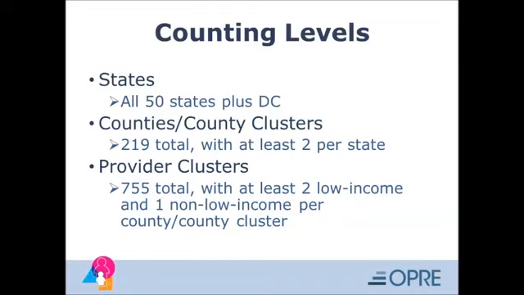There are 219 total counties or county clusters across our national sample, with at least 2 such clusters in each state. And then there were 755 provider clusters, that's the map I just showed you, with at least 2 low-income and 1 non-low-income cluster per county or county cluster.